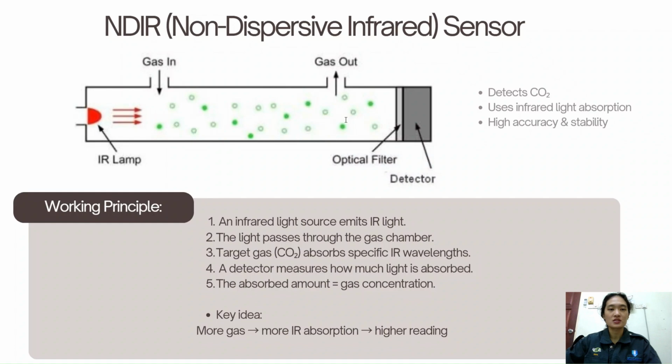This signal is processed by the sensor circuitry to calculate the gas concentration, usually expressed in parts per million. In summary, the NDIR sensor determines the gas concentration by measuring the amount of infrared light absorbed by gas molecules.